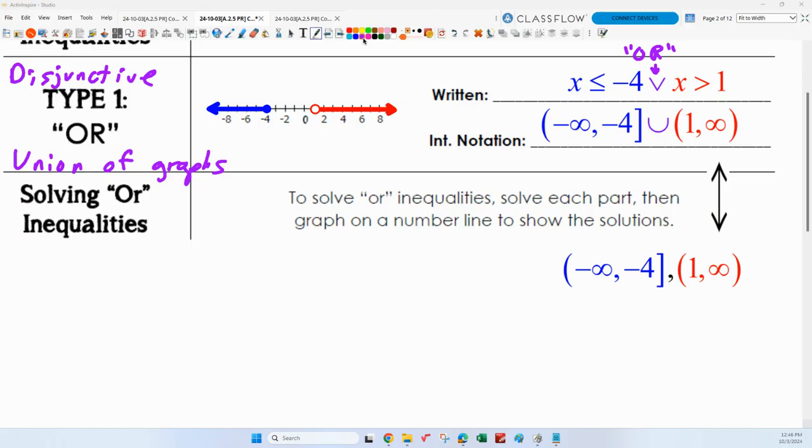What's the right endpoint of that? -4, right? An ant can only walk on the blue section to the right until he gets to -4, and then he's stopped by the endpoint, right? And we'd use a bracket. How come a bracket? Casey, why do we have a bracket here instead of parentheses with this one? Closed circle, closed endpoint, good.